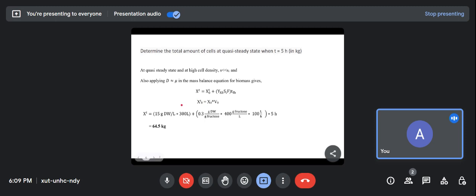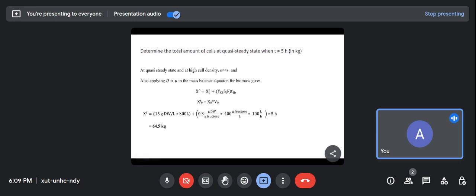Okay, so x naught is the initial cell weight which is given to you into the initial volume, which is 300, plus the yield coefficient 0.3, okay, into the initial substrate rate, right, 400, into the flow rate, which is 100, right, into time, which is 5 hours. So you get an answer of 64.5 kg.